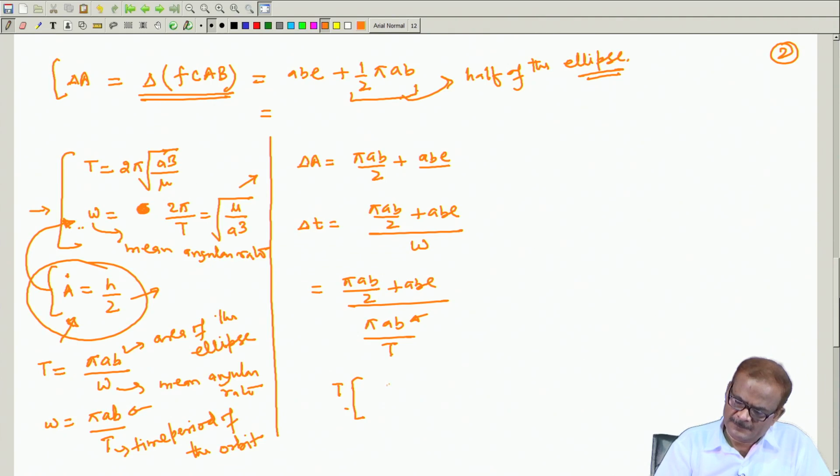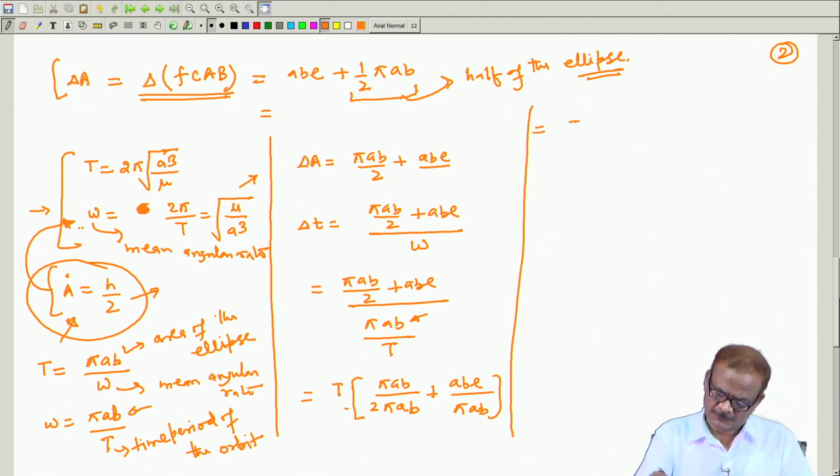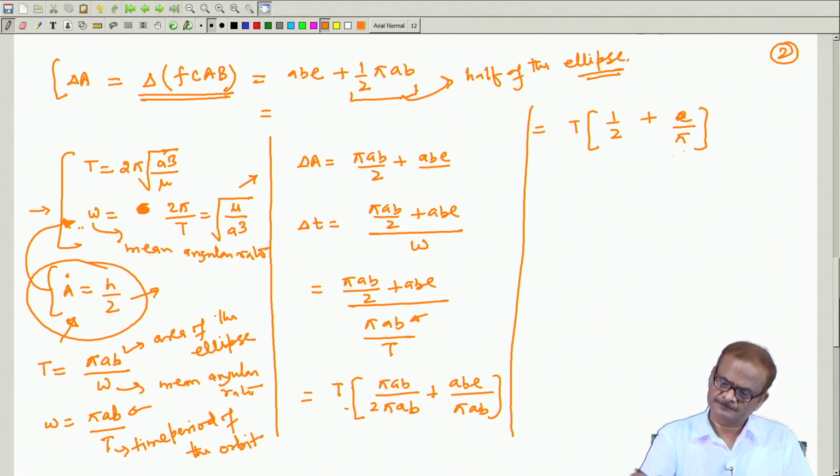We take here t, and then this is pi a b by 2 pi a b plus a b e divided by pi a b. So this is one more step I have added. So t times pi a b cancels out, 1 by 2 plus, a b cancels out, e by pi. So this is t by 2 plus t e by pi.